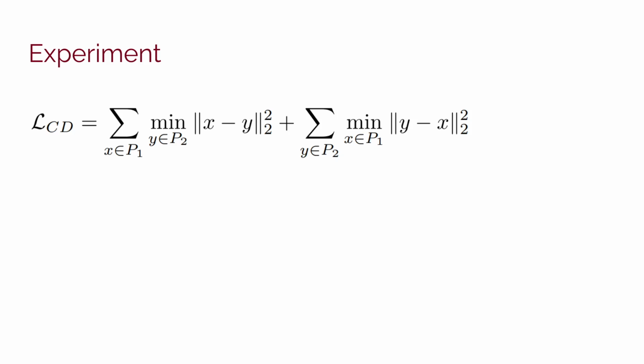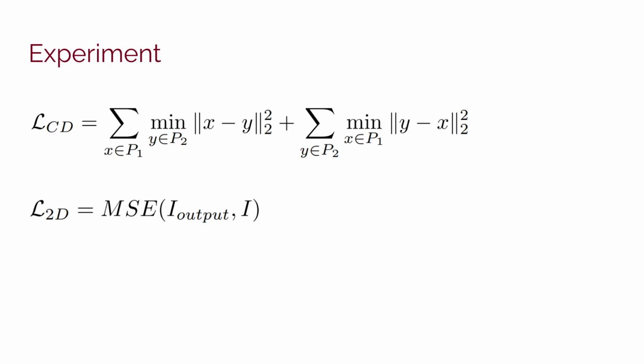You do that for each point in P1, and then you add them up together, or add the squares together. You do the same for point cloud P2, and then you sum them up. That's basically the chamfer distance loss.